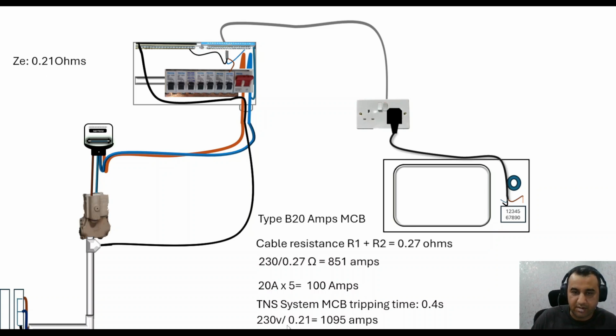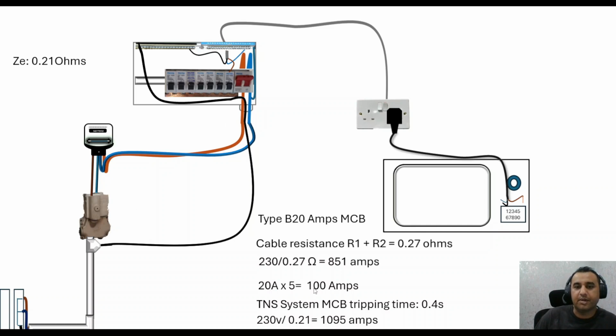So 230 volts divided by 0.21, we get 1095 amps. So this arrangement can easily handle up to 1095 amps going through this cable and the system here.